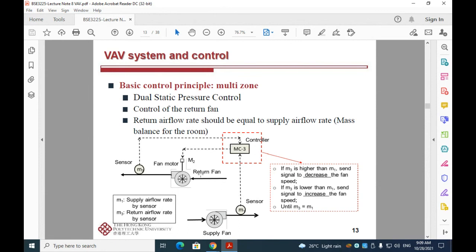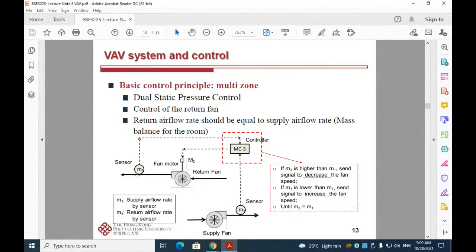So in some of the systems, we also have a return fan. The return fan speed for the VAV system will also need to be controlled. If M3, the return airflow rate, is higher than the supply airflow rate, then the signal will be sent to the controller here to decrease the return fan speed.